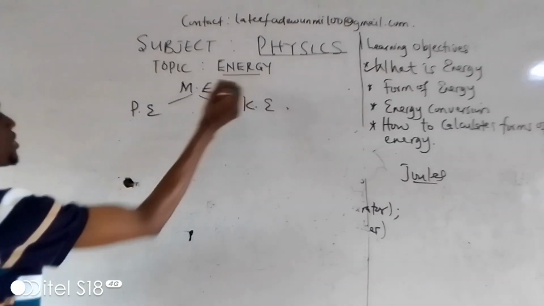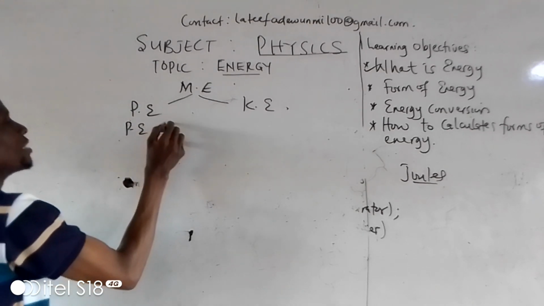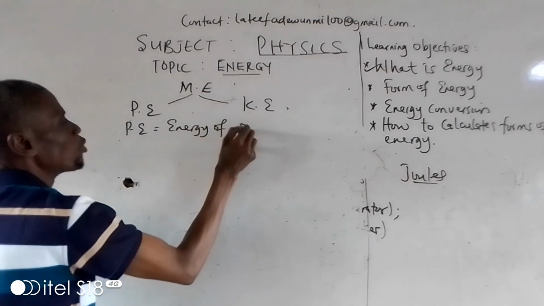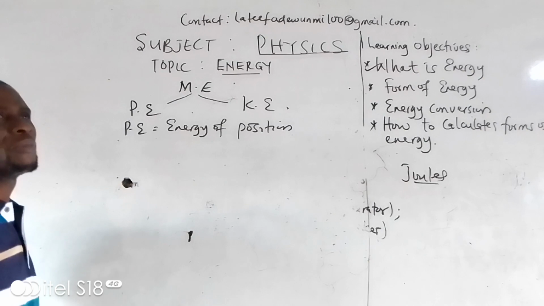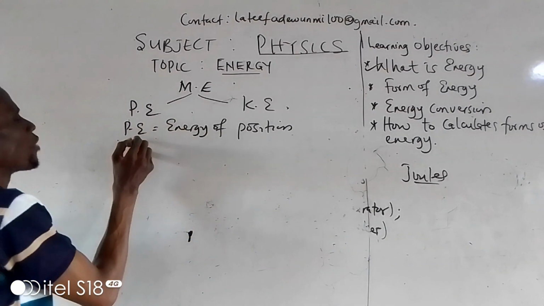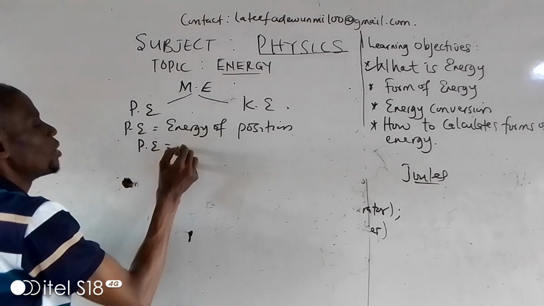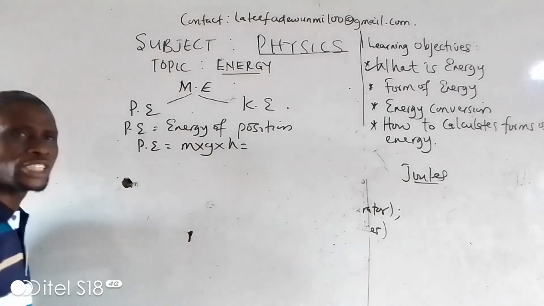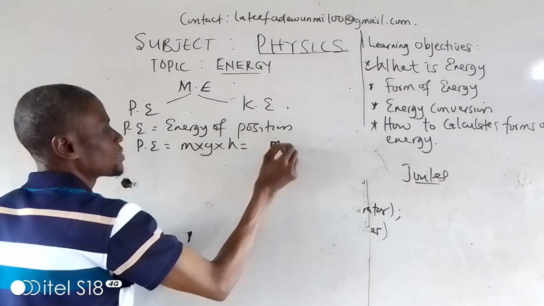Okay, what is potential energy? Potential energy is the energy of position. What is the formula for calculating potential energy? We have M multiplied by G multiplied by H. What is M? M is the mass.